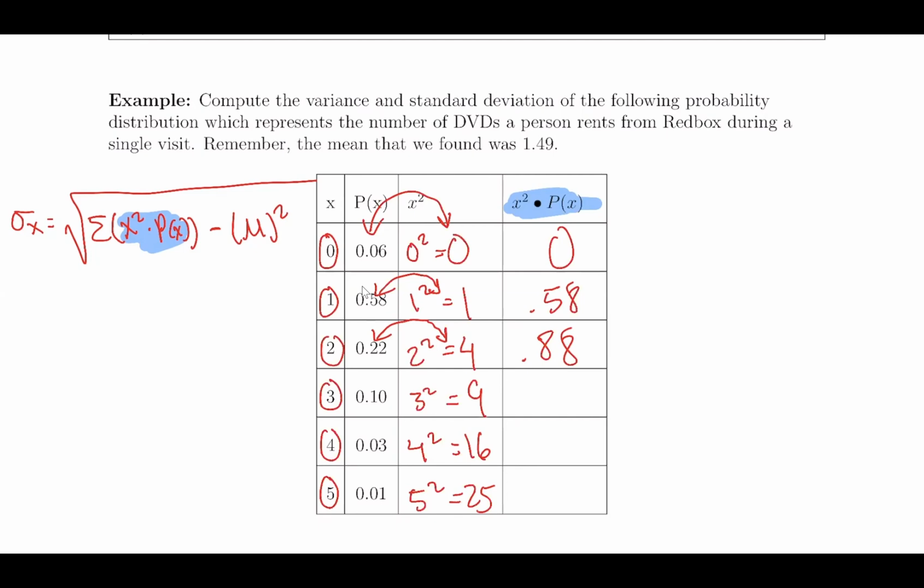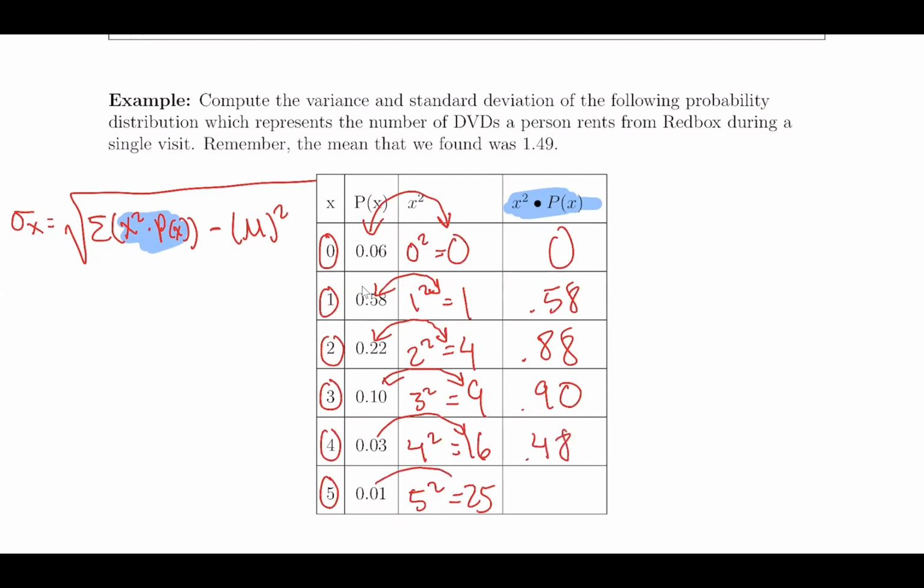All right. So up next, we're going to go ahead and do 0.10 multiplied by 9. That gives us 0.90. We're going to do 0.03 times 16. That gives us 0.48.